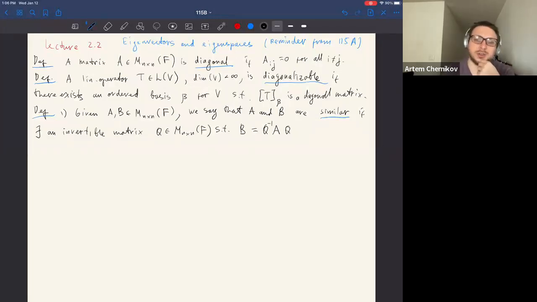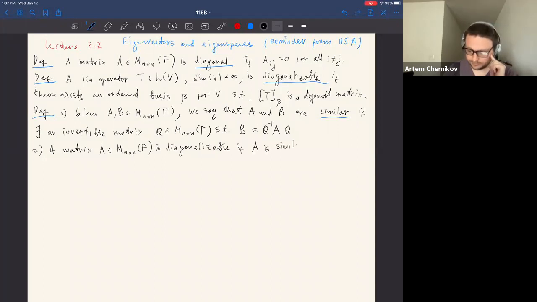It's called conjugation. So by conjugating by some invertible matrix Q, we can obtain B from A. And two, an n by n matrix A over F is diagonalizable if A is similar to a diagonal matrix.